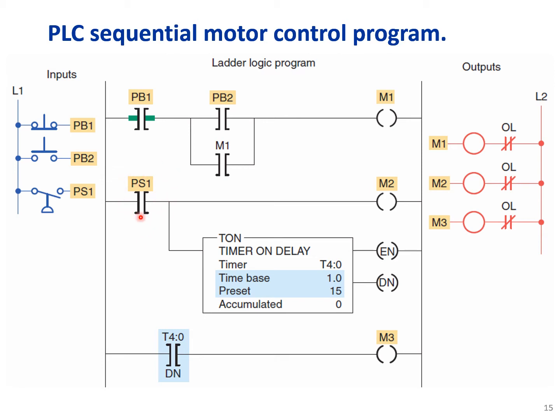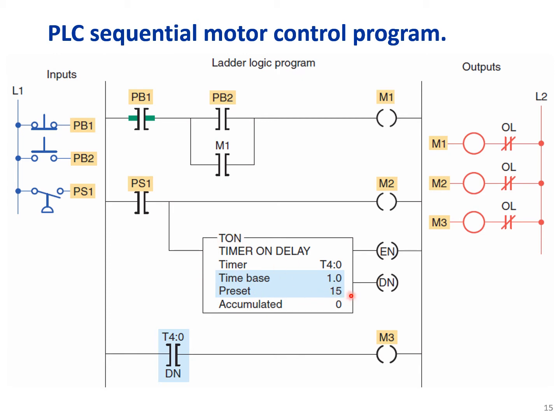Once the pressure, let's say, could be anything, for example the pressure of the oil, reaches a specific level, this pressure sensor will go on and motor 2 will be on. And we have a timer here with a preset time value of 15 seconds. This is an on-delay timer.